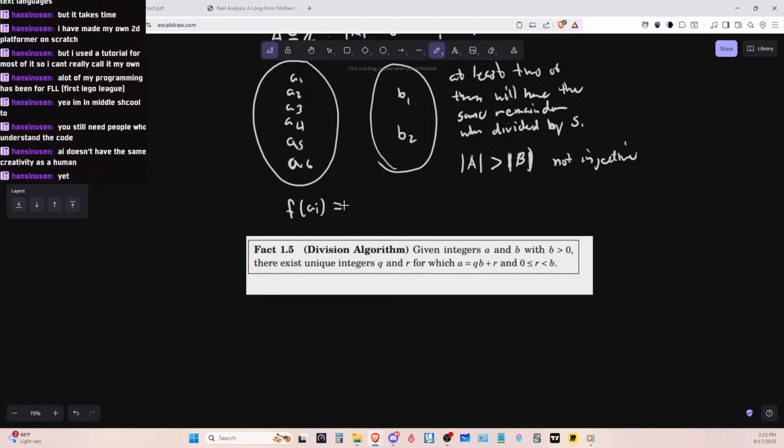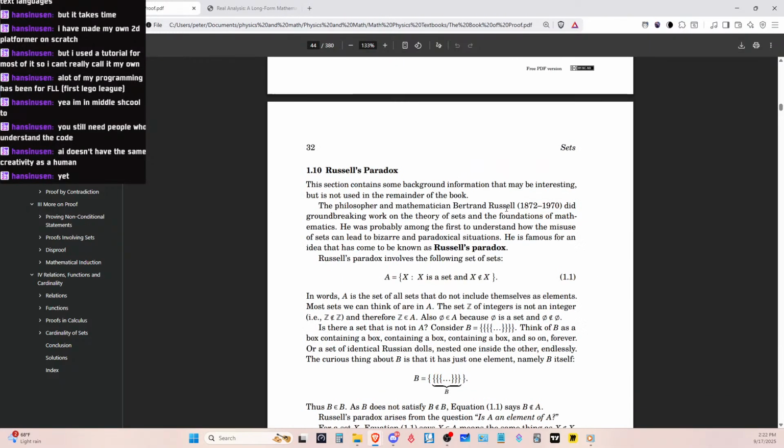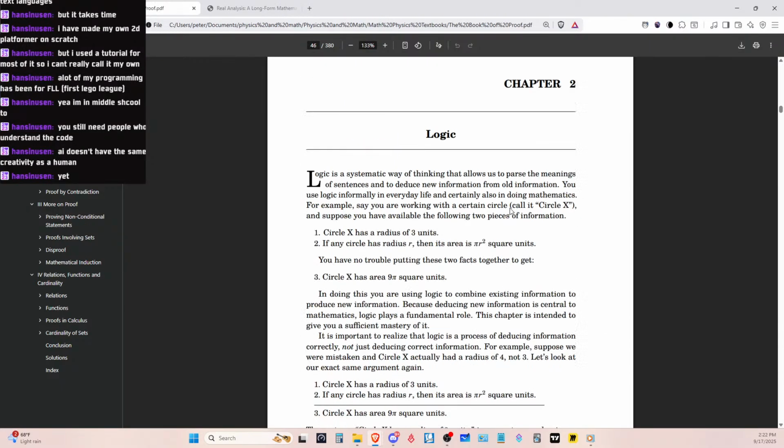Okay, so now we gotta figure out how to write this the correct way. Or we can do it the modular arithmetic way. So now I gotta look for the modular arithmetic way to write this.